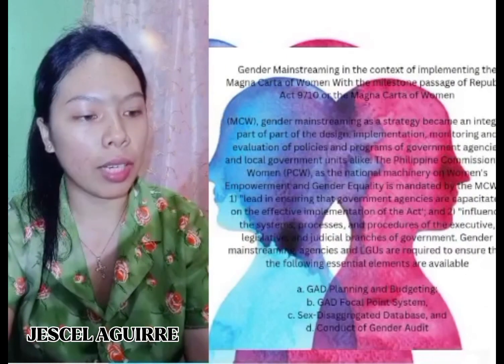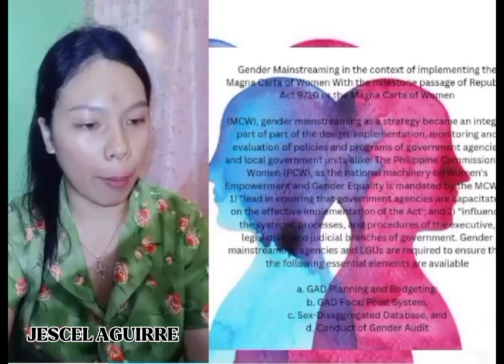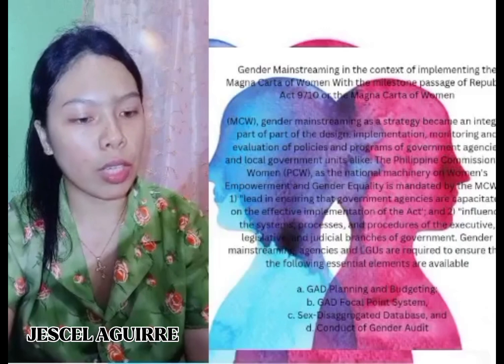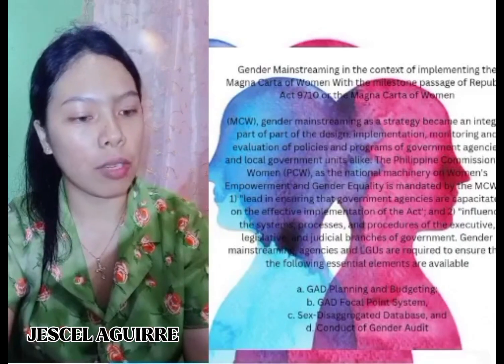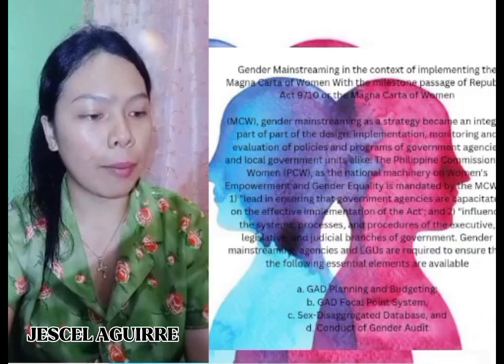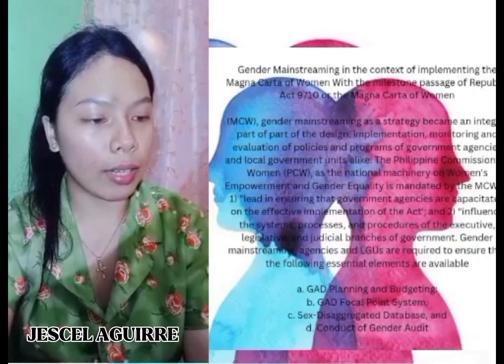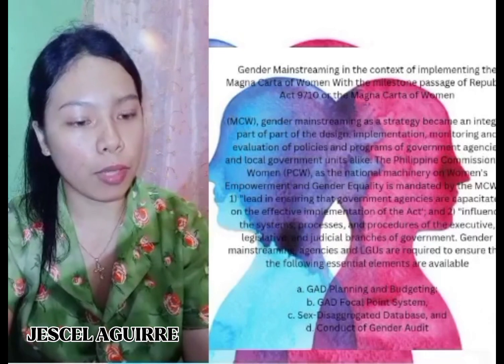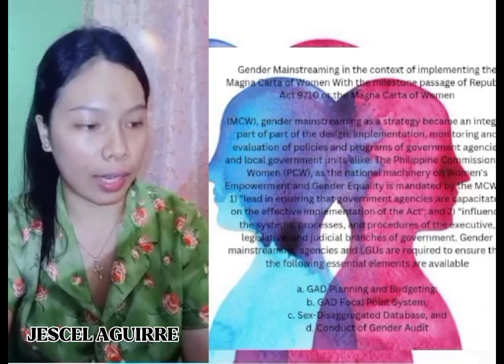Gender mainstreaming in the context of implementing the Magna Carta of Women: with the milestone passage of Republic Act 9710, or the Magna Carta of Women, gender mainstreaming strategies became an integral part of the design, implementation, monitoring and evaluation of the policies and programs of government agencies and local government units alike.